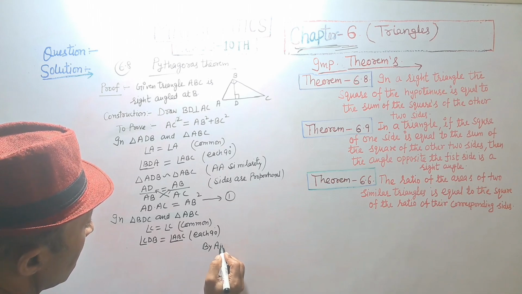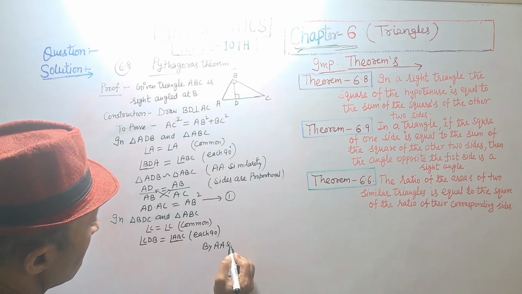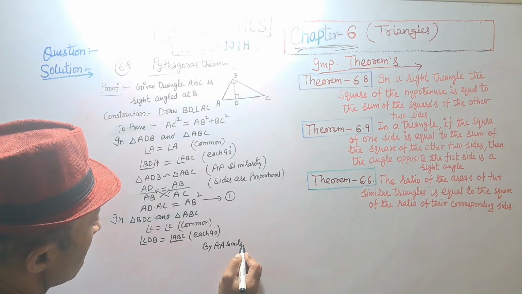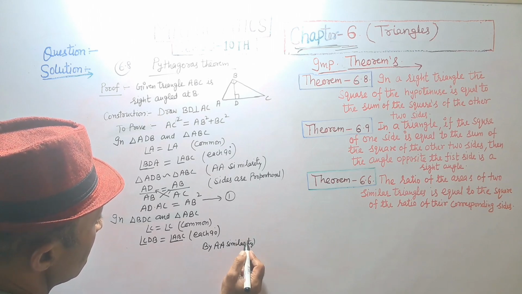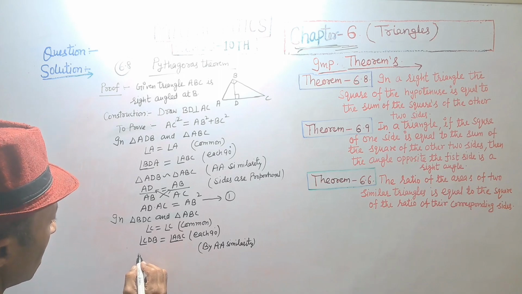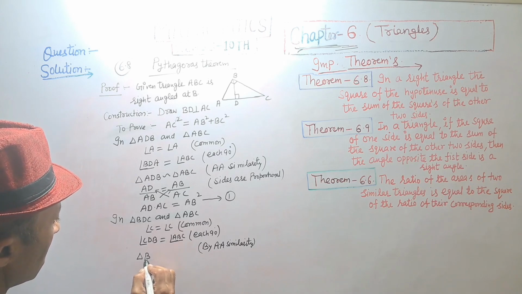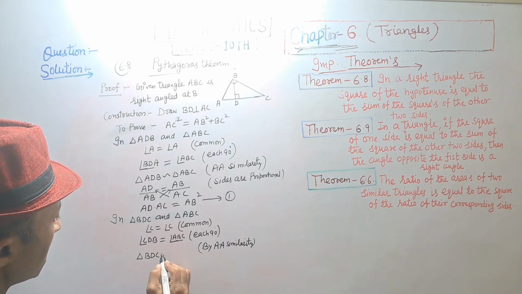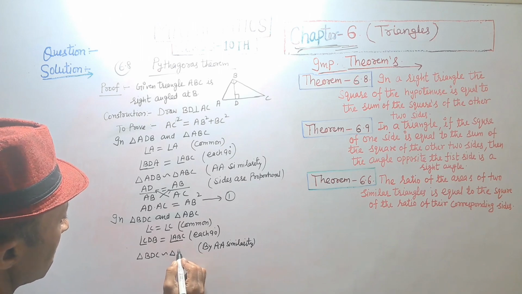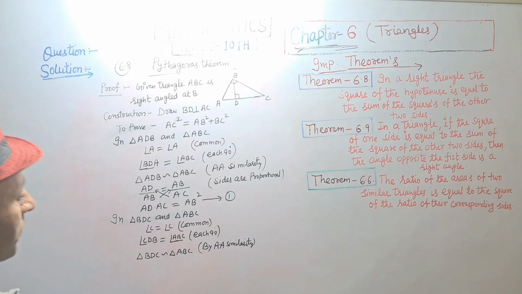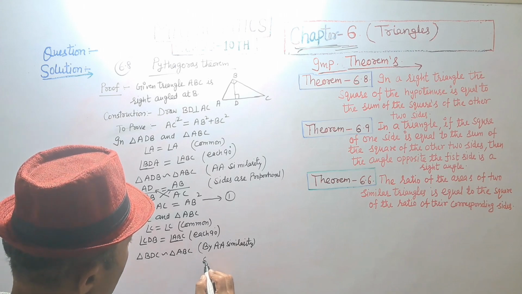By angle similarity, triangle BDC is similar to triangle ABC. Sides are proportional.